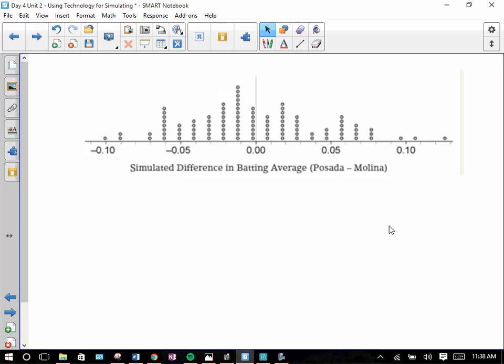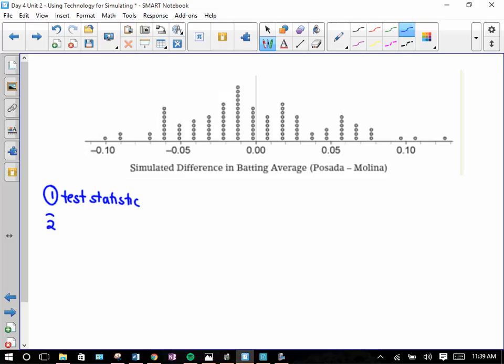In order to be able to draw any conclusions, first we need to know the test statistic, and second, we need to use the test statistic to find the p-value.